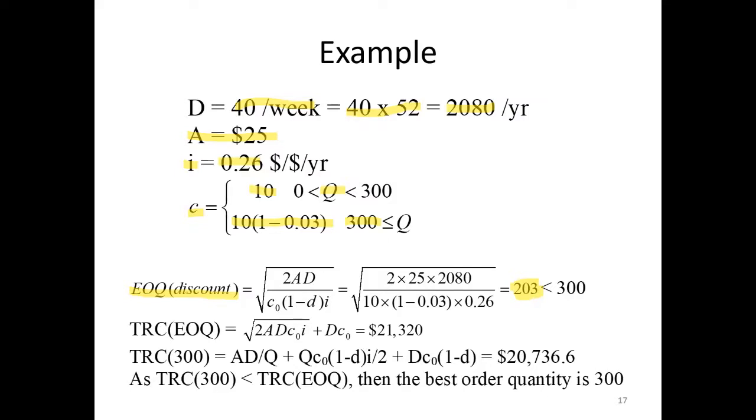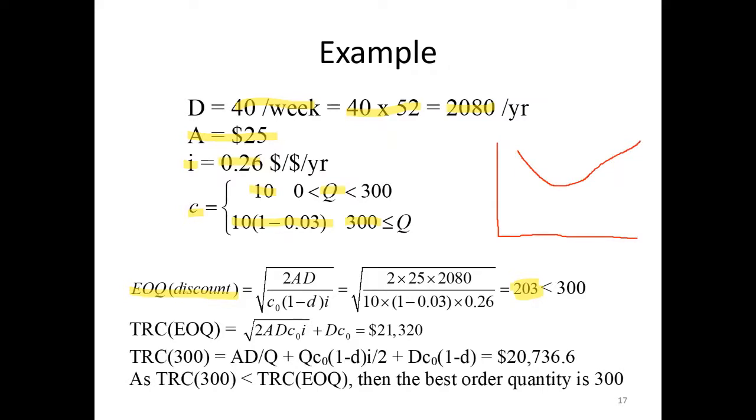So this means you are in a situation in which you are going to use the curve that represents the total cost function for the quantity discount. Now let me illustrate that for you here. If you draw this total cost function, this is how it will look, for instance.